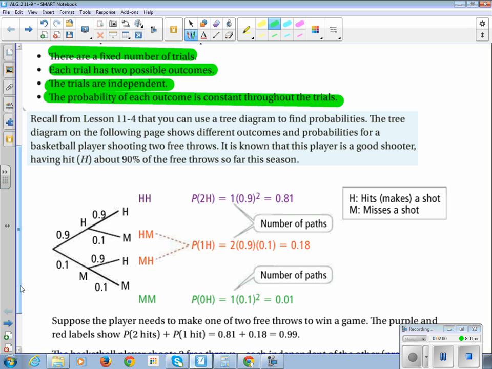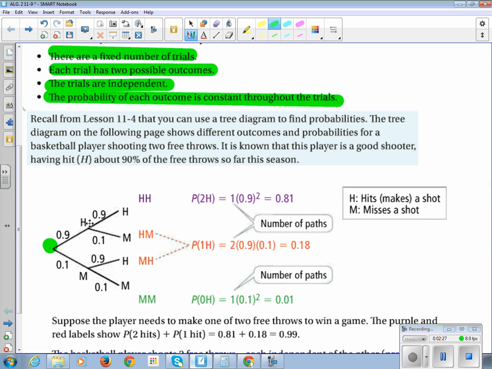If we start at the beginning of our tree, her probability of making a free throw is 90%. So when we go along this branch of making it, that's where the 0.9 comes from. Then you have to do the converse. The probability that she's not going to make it is 1 minus 0.9 or 0.1.